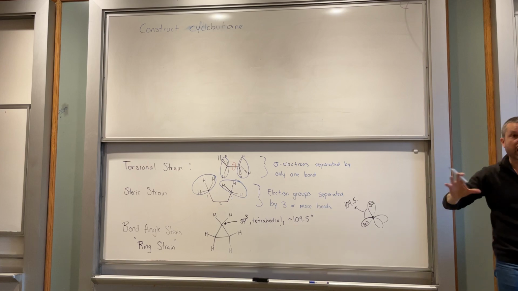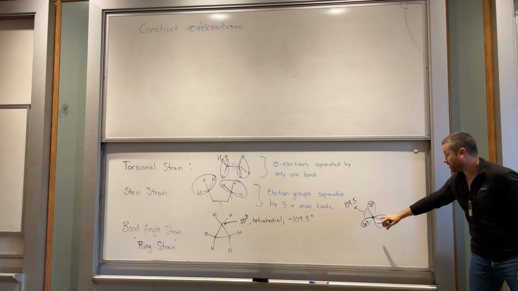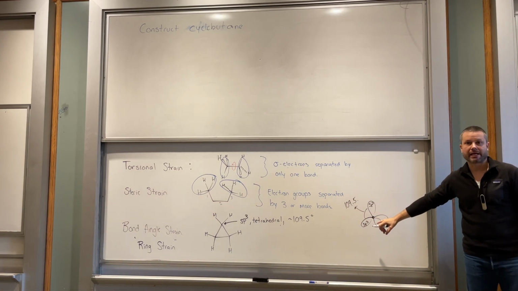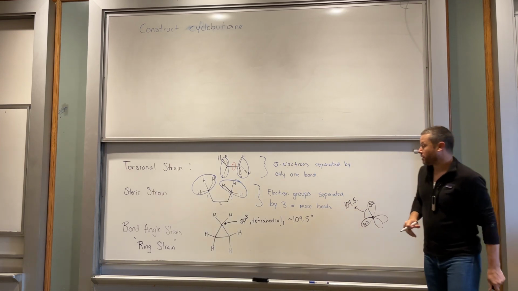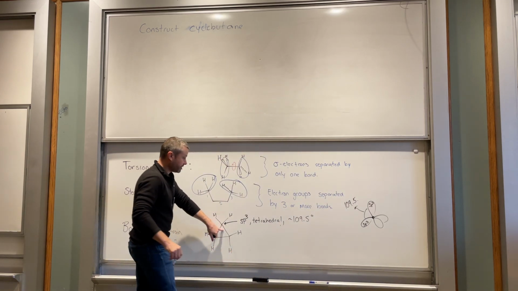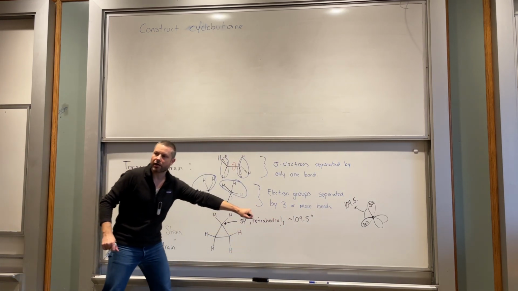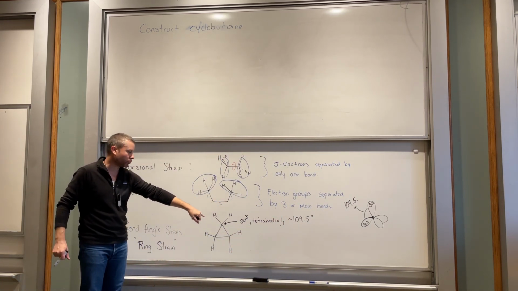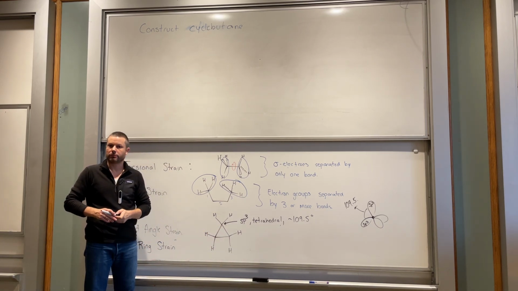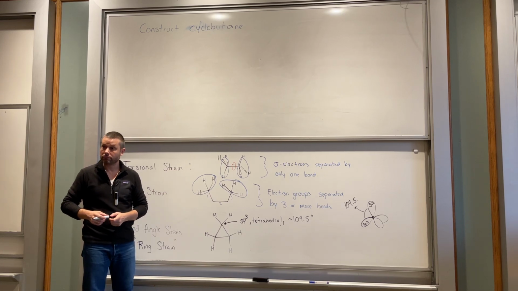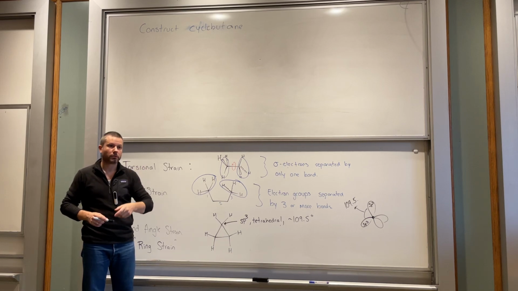Actual bond angles might be different, but the actual atomic orbitals coming out of that center are oriented 109.5 degrees relative to one another. So this is an sp3 center, tetrahedral, should be 109.5 degrees. What's the actual carbon-carbon-carbon bond angle in this 3-membered ring? Would it be 100? Would it be 120? No. 60. Good, 60 degrees.